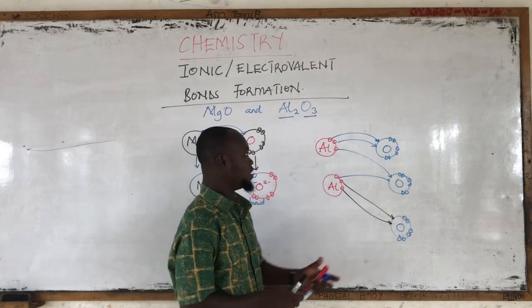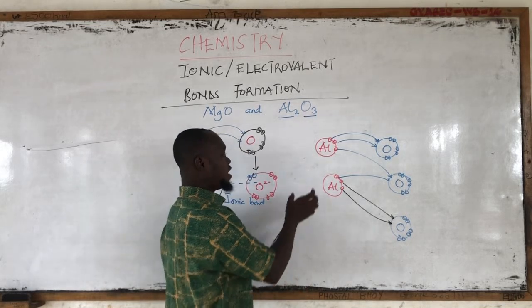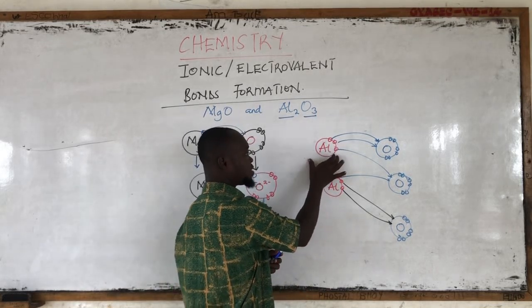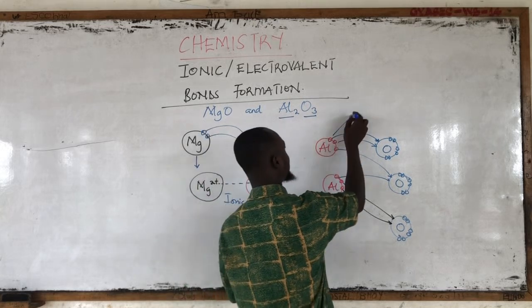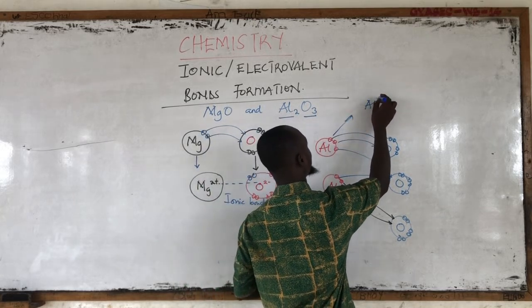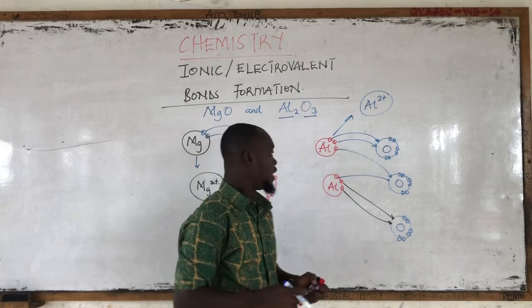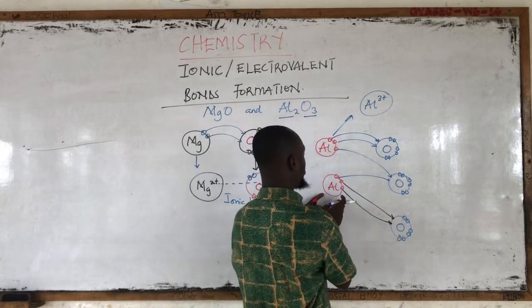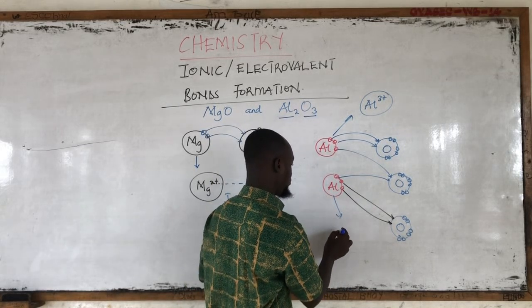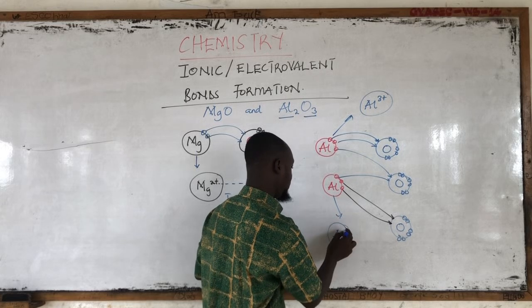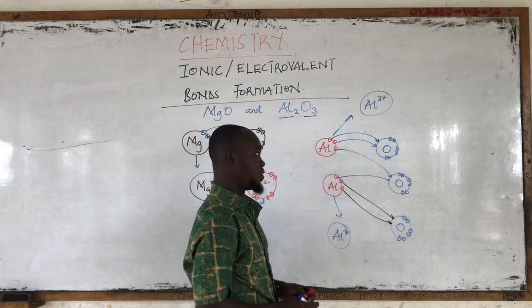Is that okay? So what is going to happen? Once this transfers all 3 electrons, it is going to change to Al3+. And then this will also transition into Al3+. Is that okay?